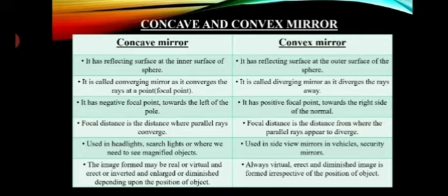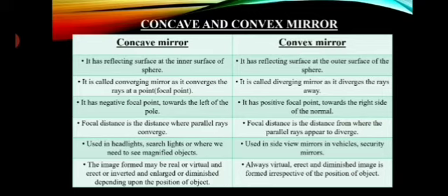In the convex mirror, the image obtained is always virtual, erect, and diminished, irrespective of the position of the object. Wherever you place the object, the image formed will always be a virtual, erect, and diminished one.